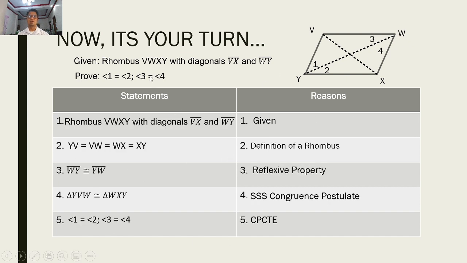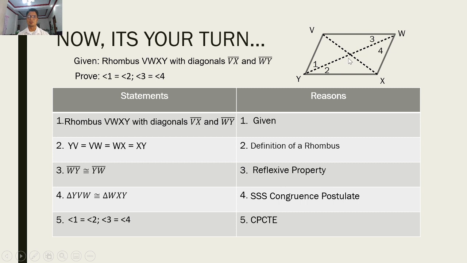Eto. So obviously, yung given natin nandito sa number 1. So definition of rhombus, equal lahat yung sides niya. Ayan. Diba? Anong property ito? Equal siya sa sarili niya. Reflexive property. So, papansin natin, side, tapos, ano yung equal natin?